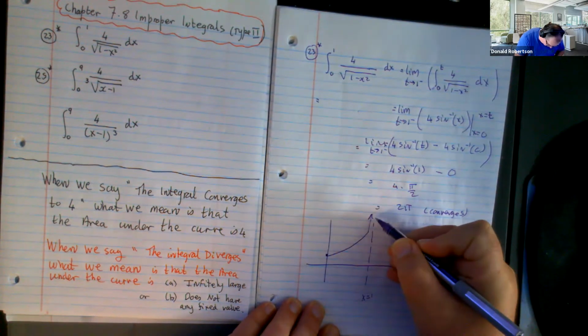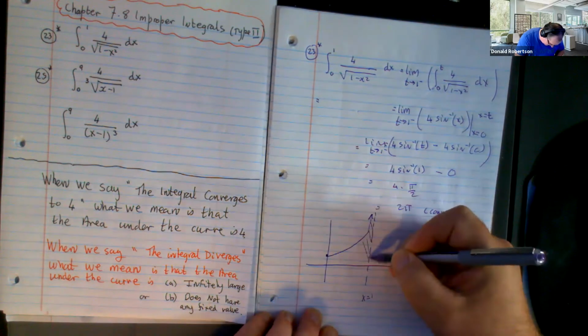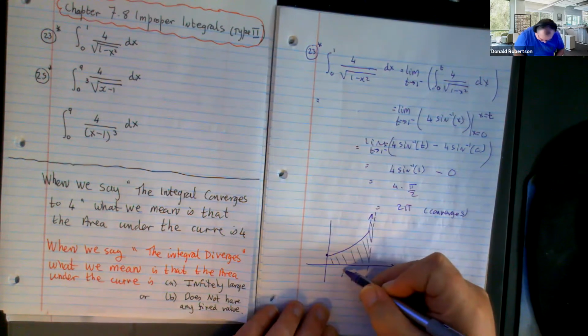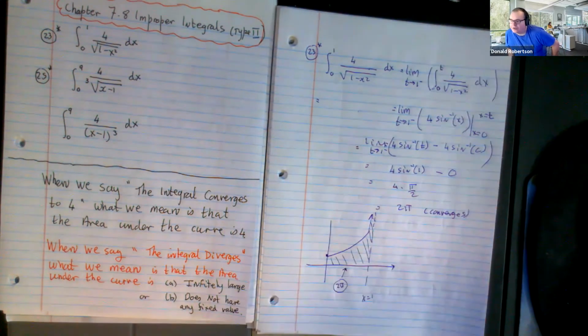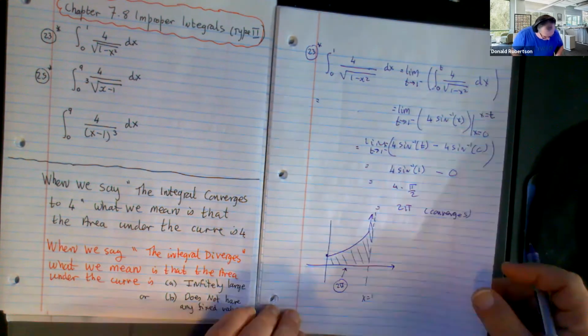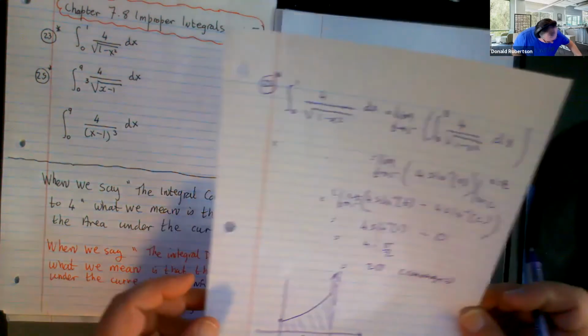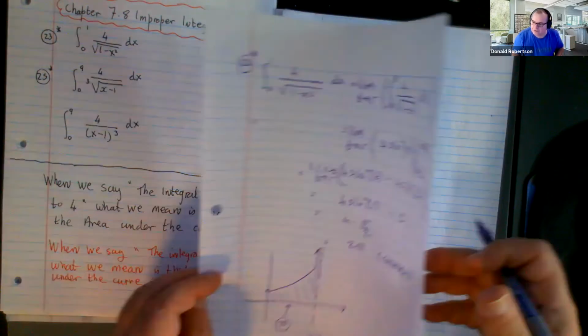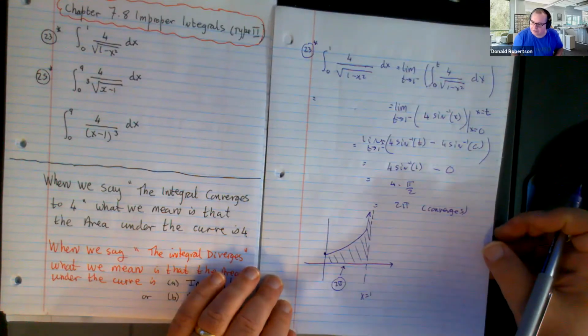And we're saying that area is 2 pi because it converges. So it actually does have a real, physical area of 2 pi. So there's a converger for you. Are you okay with that question? It was pretty straightforward, at least the integration part.